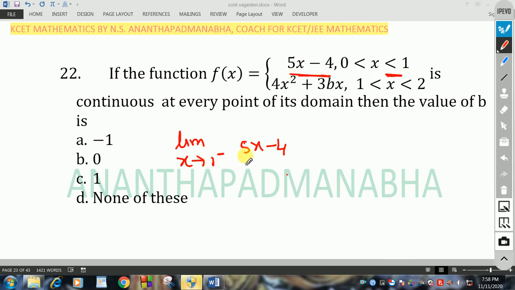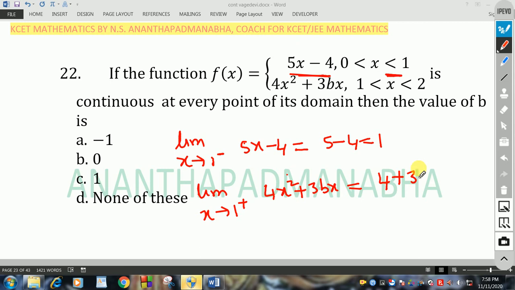So therefore limit as x tends to 1 minus of 5x minus 4 is equal to, as x approaches 1, 5 minus 4, which is equal to 1 here. And let us evaluate the right hand limit, that is 1 plus, of 4x square plus 3bx, which is equal to, as x approaches 1, 4 plus 3b here.